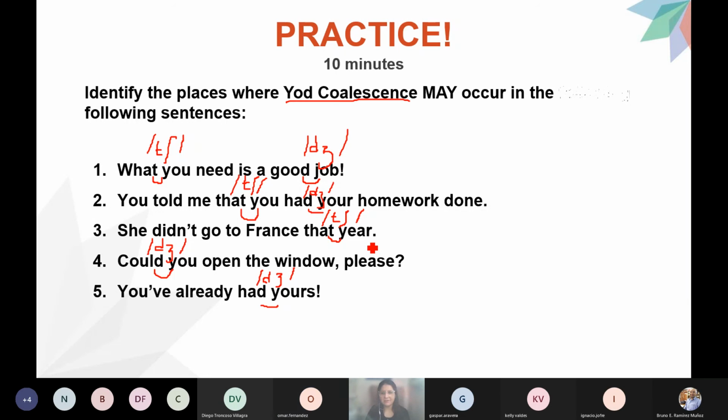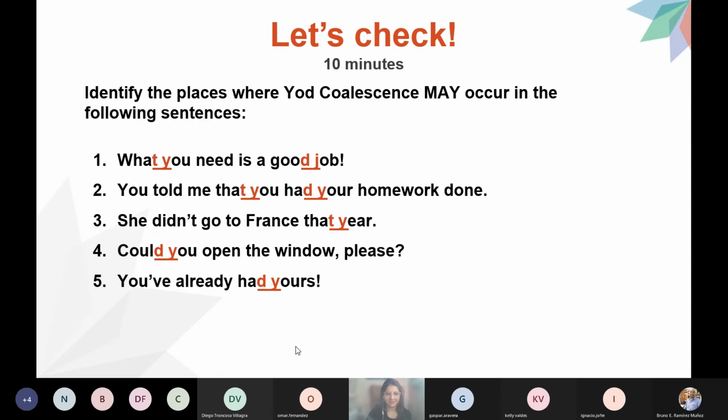So now we are going to see you are correct. All those were the places in which yod coalescence occurs. Now we are going to have the break because it's time for a break.